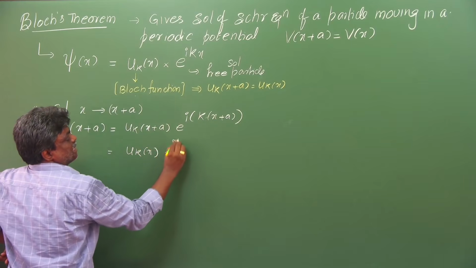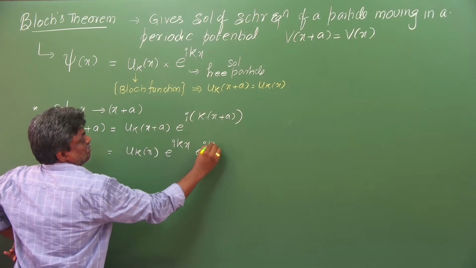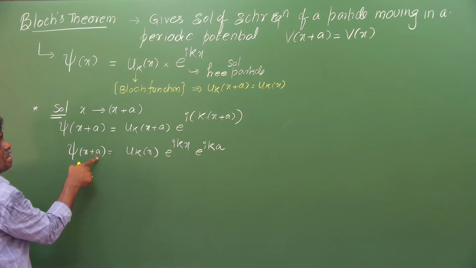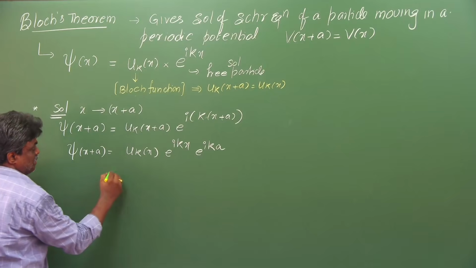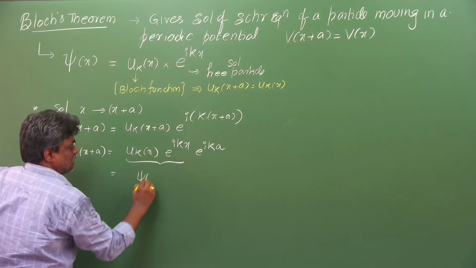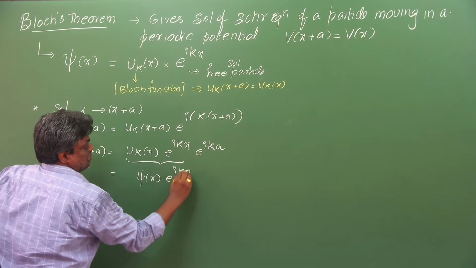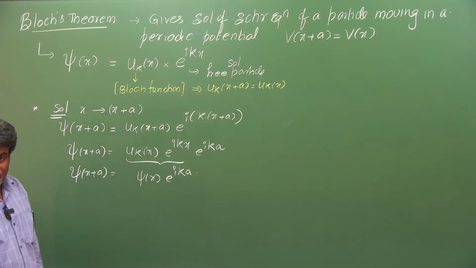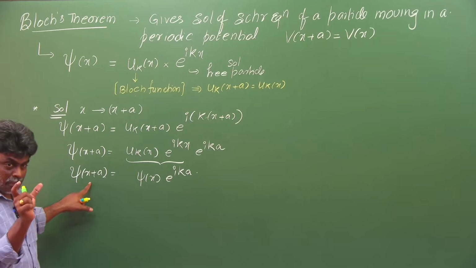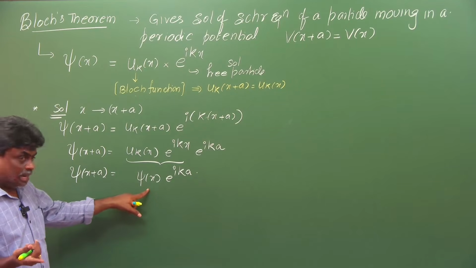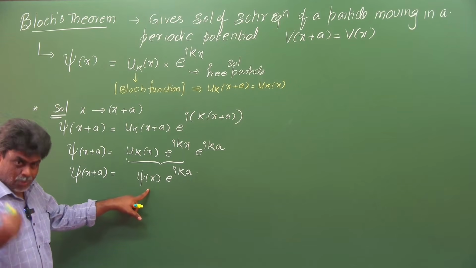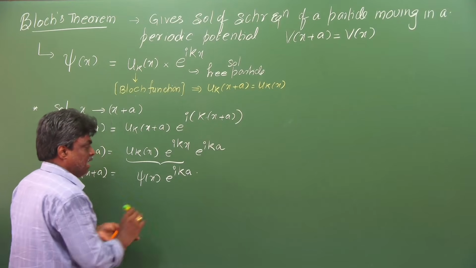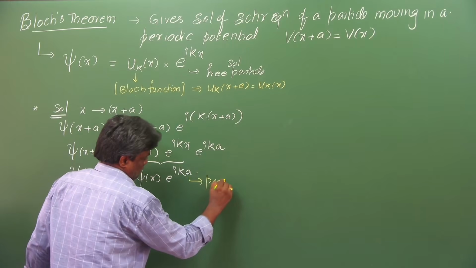Now it is e raised to ika. This is the wave function after a periodicity a. So this is the solution in a particular region after periodicity, and this is the known solution multiplied by e raised to ika, where a is the periodicity.